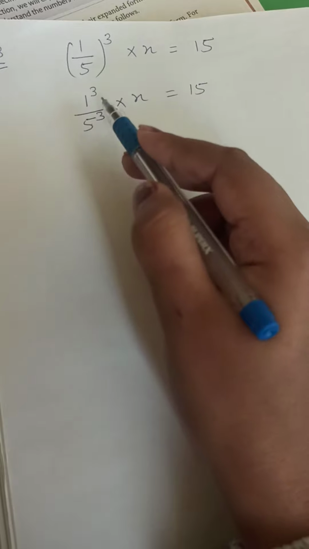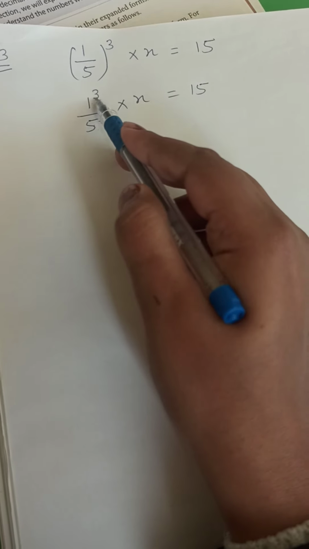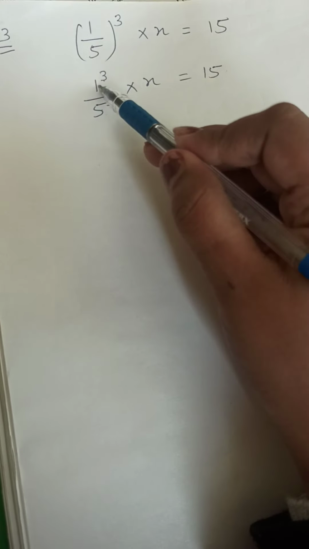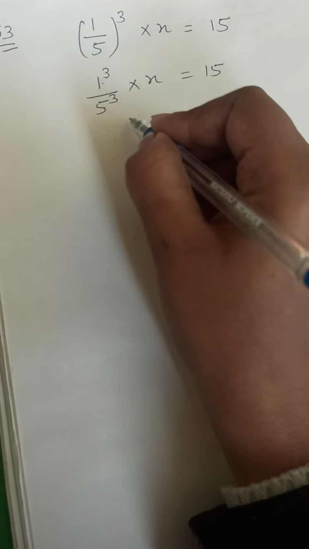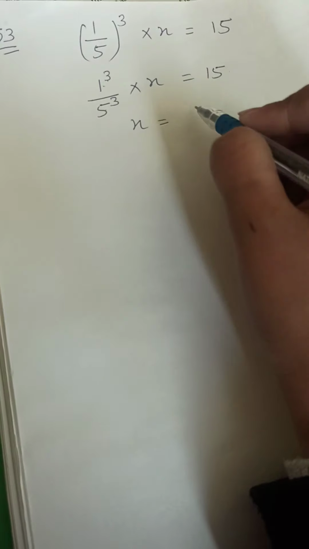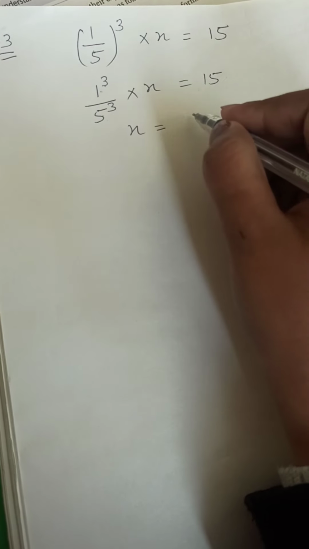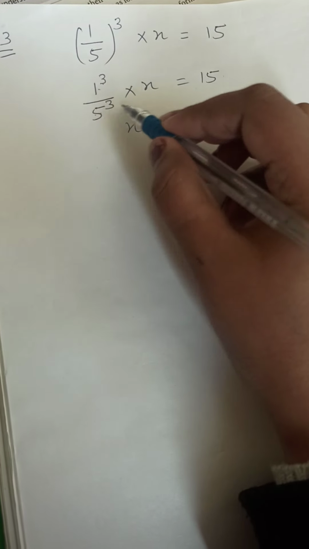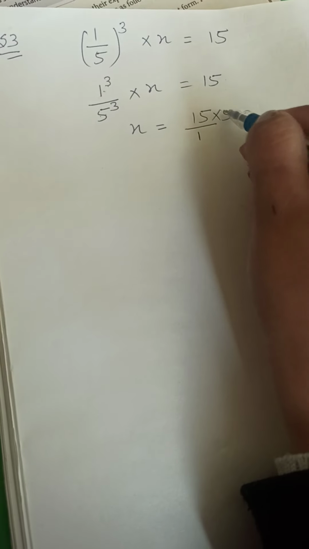Take this 1 by 5, 1 by 3, it means 1 by 5 to the power 3 this side. Here it is in multiplication, this side it will come in division. सो डिवीज़न में जब आप इसको लिखोगे यहाँ पे 1, ये 5 टू द पावर 3 कम अप.